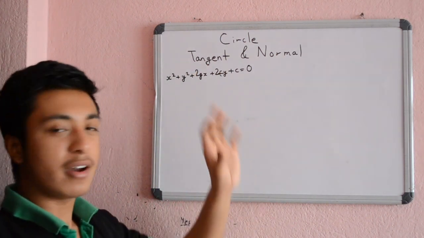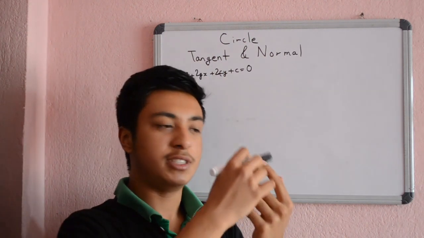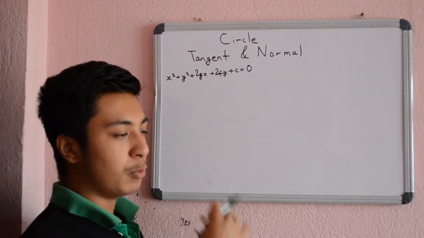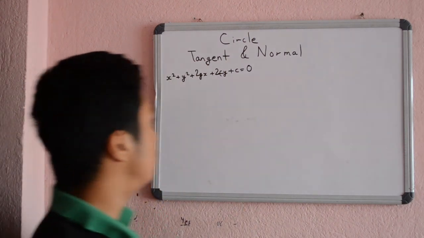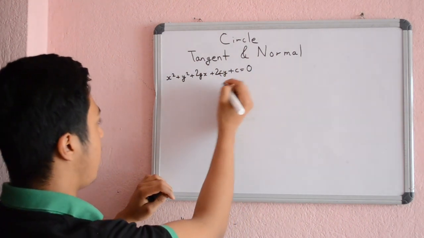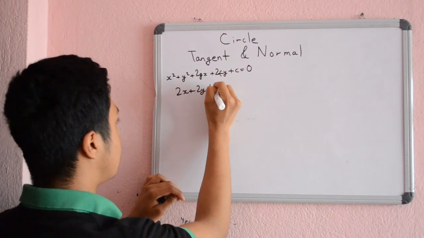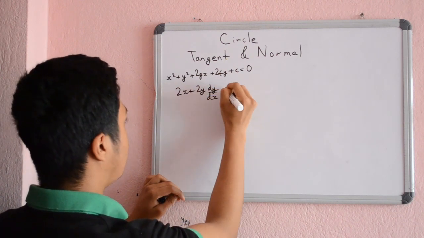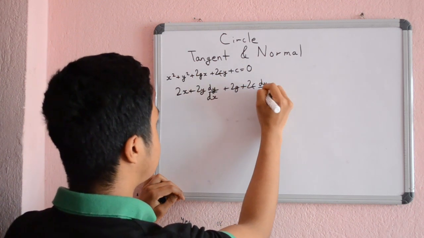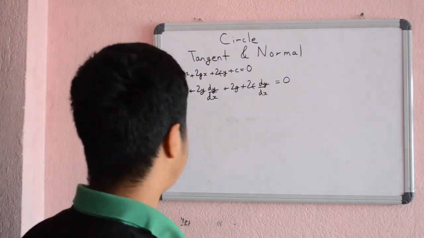Now, you can again find a tangent using those two ways, either using derivatives or secant and then just approaching them, but they both give the same slope anyways, so I'm just going to use derivatives and differentiate both sides with respect to x. So I'll have 2x plus 2y dy by dx plus 2g plus 2f dy by dx, and c is a constant, so it will be equal to 0.